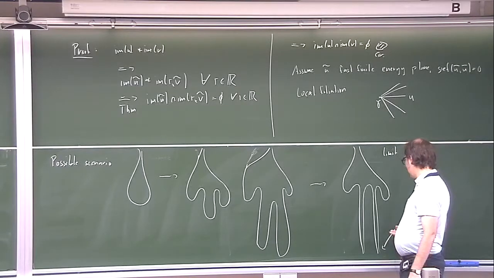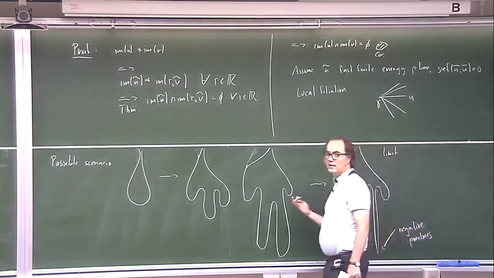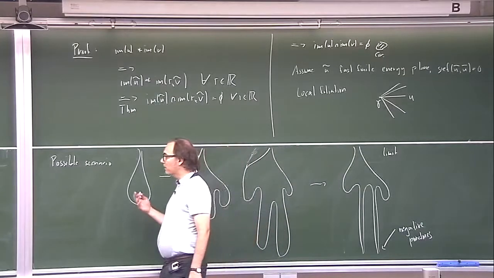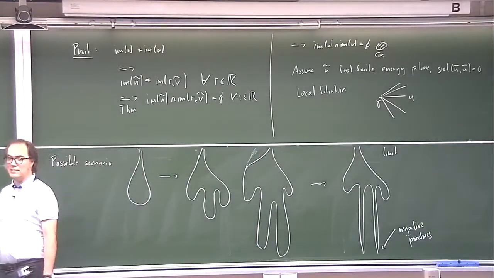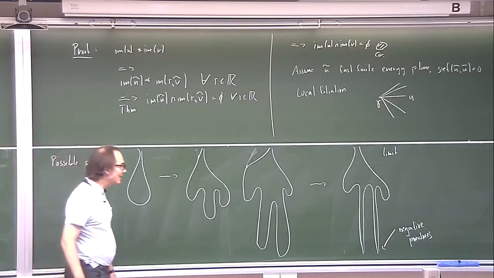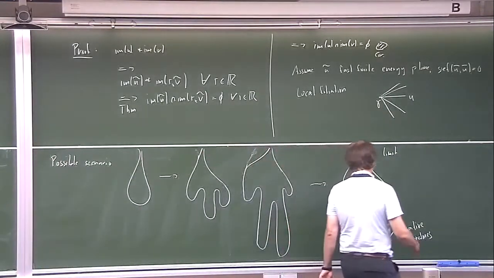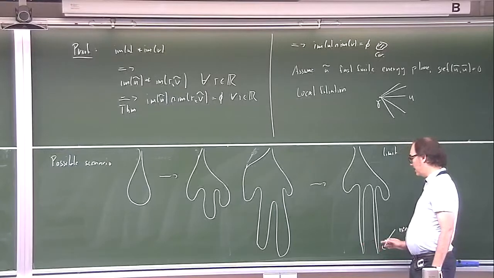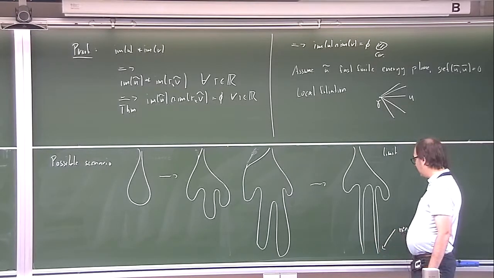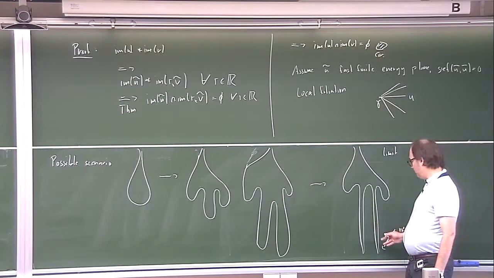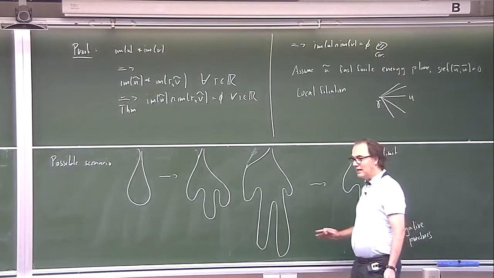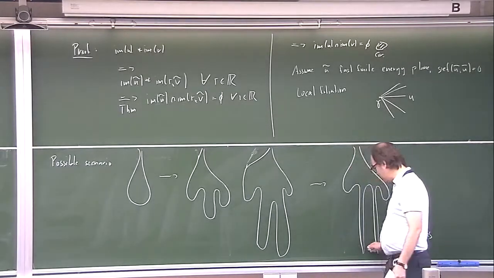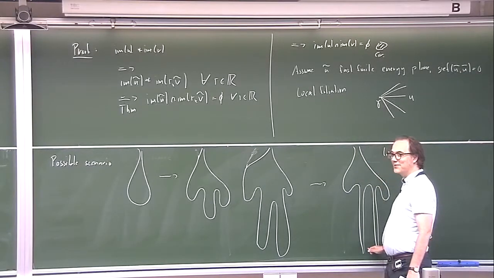What we get in the limit is some special case of SFT compactness. What we get in the limit is some negatively punctured finite energy plane. It's called SFT compactness because it says this is the worst thing that can happen. At least we get such a thing.